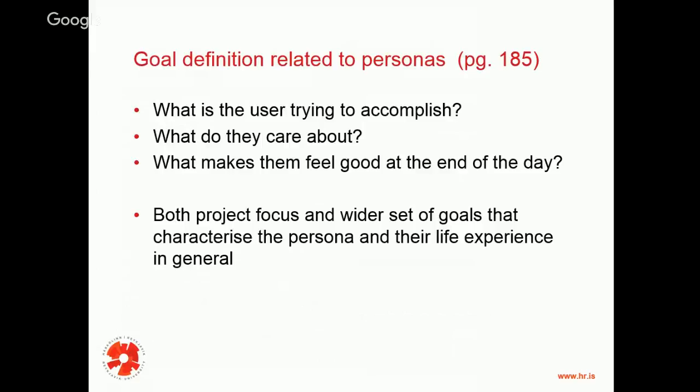In the description of personas, we have as the last thing that we would like to define the user goals. So I'm supporting you here and telling you what you should be thinking about when defining the persona. You will have to define one persona per each user group that you find.